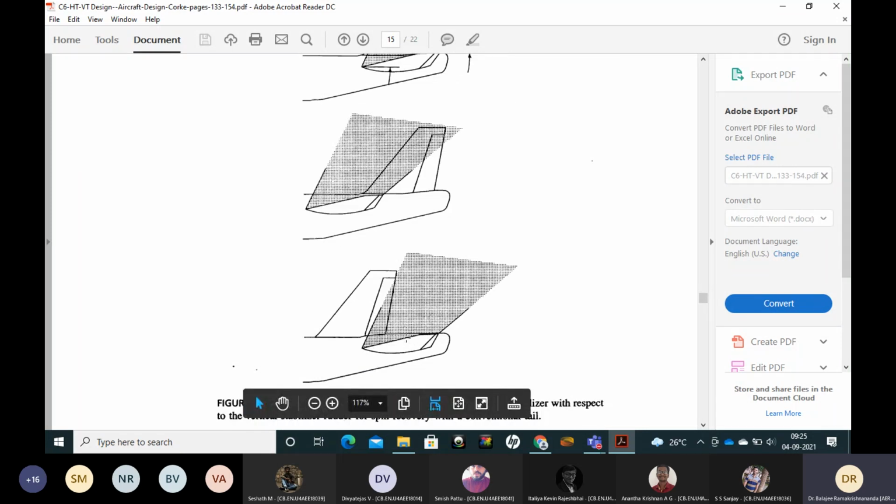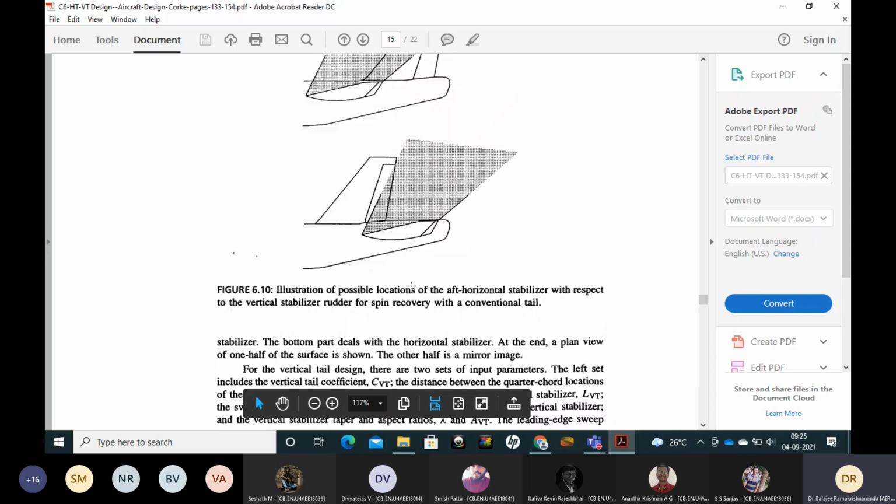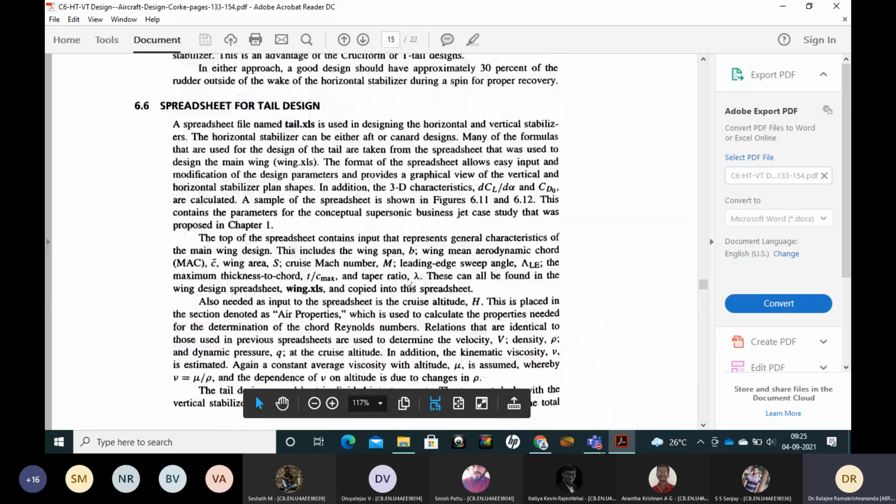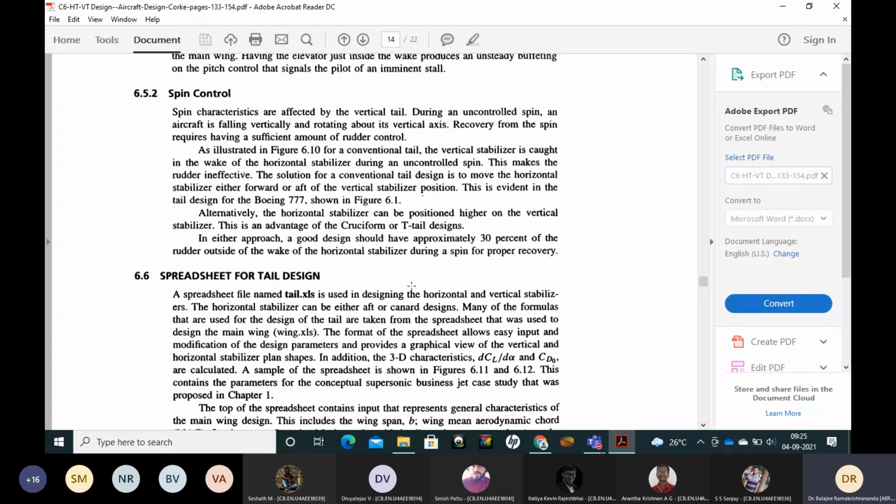Here it shows the relative position. You move the horizontal tail backward or the vertical tail forward. This way also you get a more effective area of the rudder. What should be this effective area? At least approximately 30% of the rudder should be outside of the wake for good spin recovery.